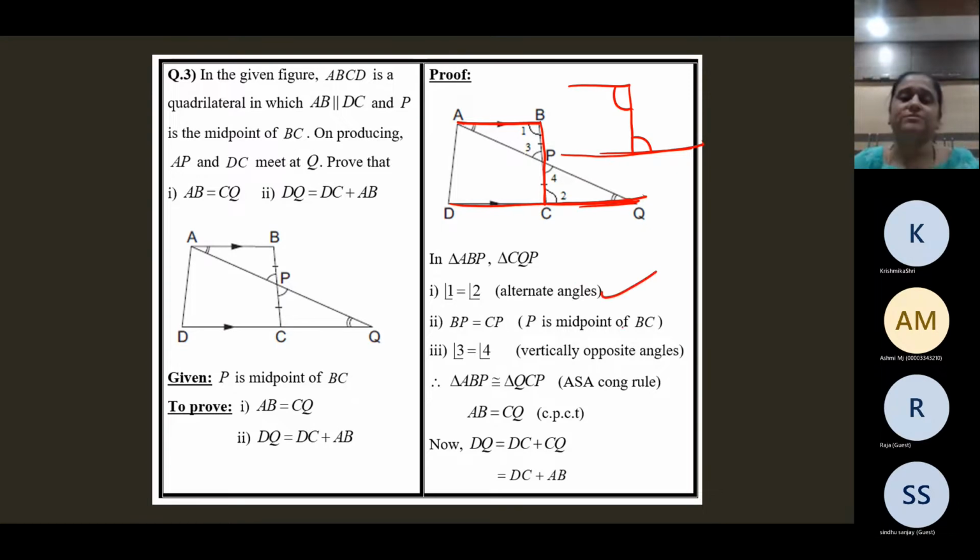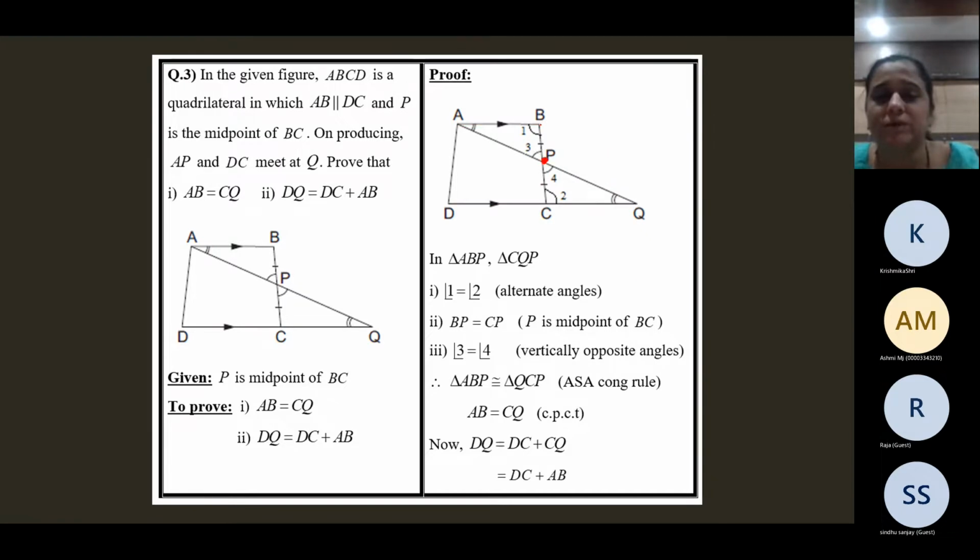Then BP of this triangle is equal to CP of this triangle because it's given. P is the midpoint. And angle 3 is equal to angle 4 because vertically opposite angles are equal.